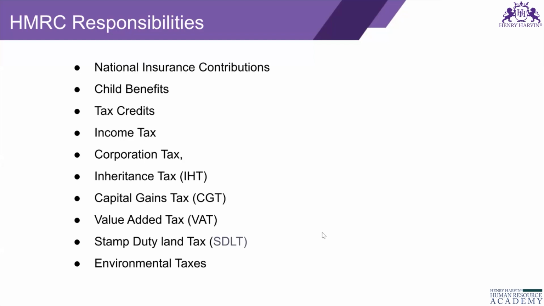As I said, the court will decide some responsibilities for the parents, and HMRC has to ensure that the employees' payments are managed in a proper way and the child receives those benefits. Then tax credits, income tax, corporation tax, inheritance tax, all kinds of taxes are managed by HMRC.